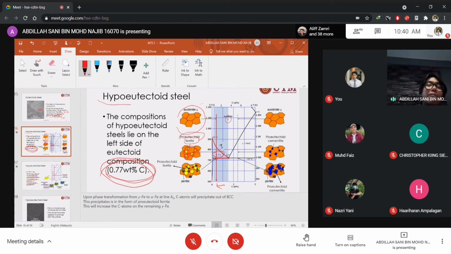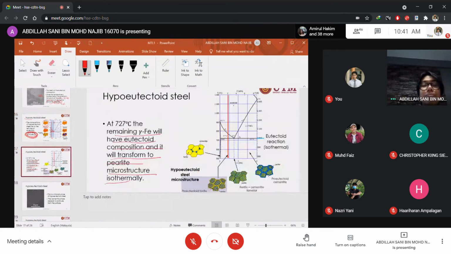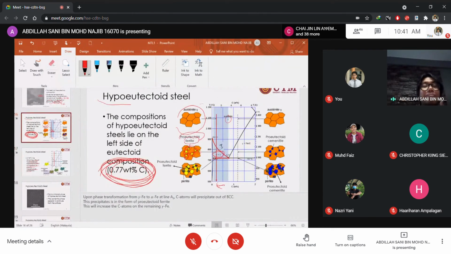So when adequate iron has been kicked out, we are left with austenite with a lower amount of iron. When it reaches the eutectoid, 0.77, the remaining austenite has this composition. That is why it becomes pearlite, this stripe. If you don't want to just memorize, to deepen your understanding, that is actually what happened.